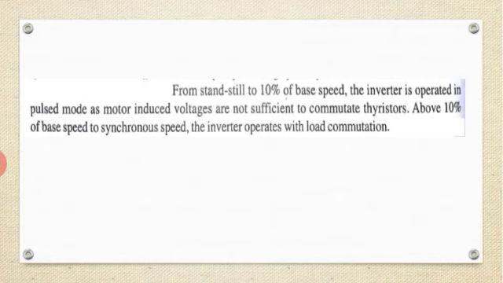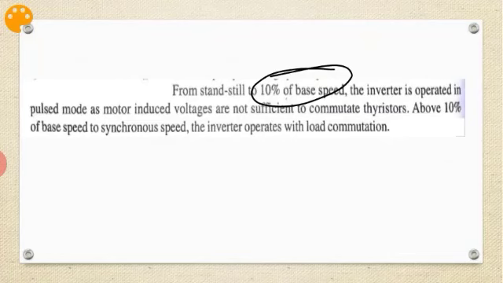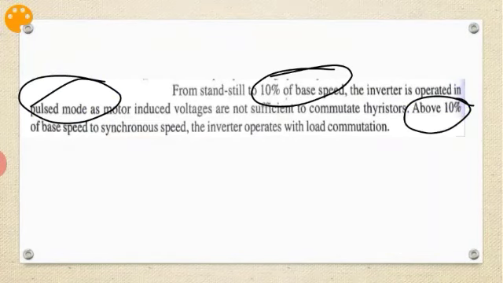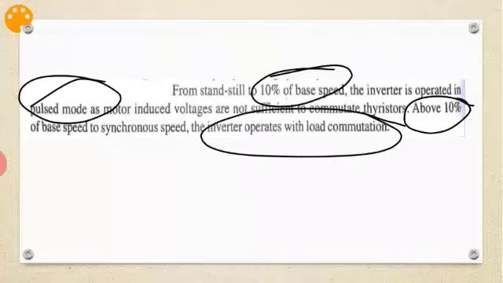When the speed is low, the induced voltage will be low, so below 10% base speed we use the pulsed mode. As the speed increases above 10%, the motor-induced voltage is sufficient, and the inverter operates with load commutation.